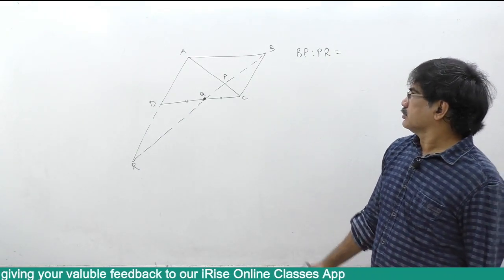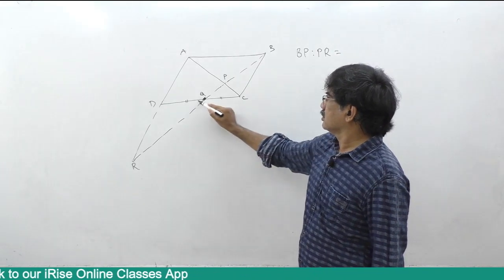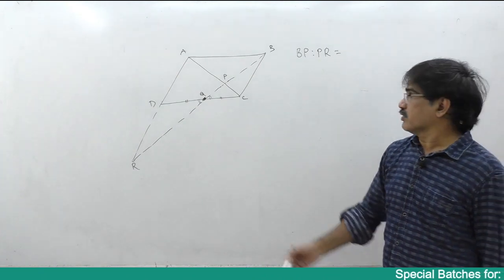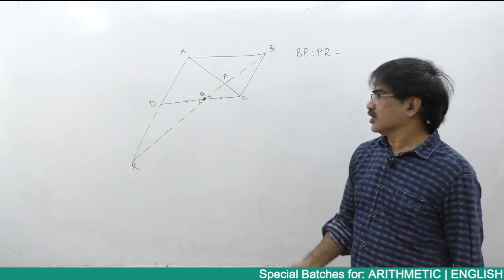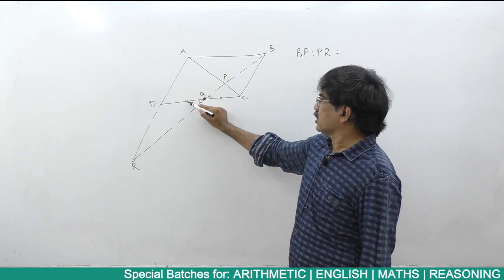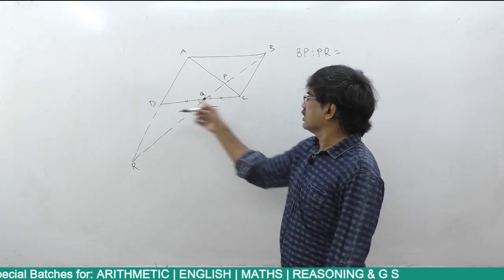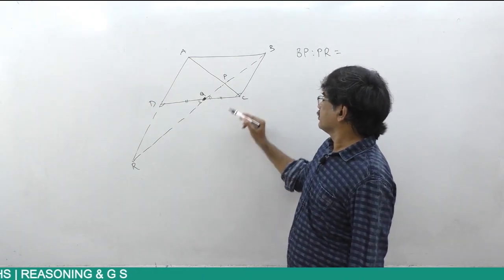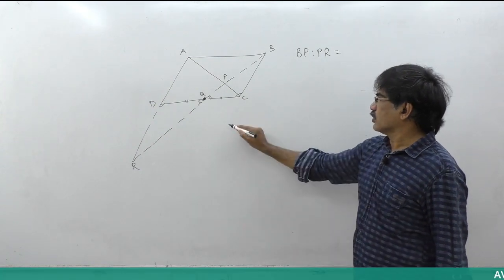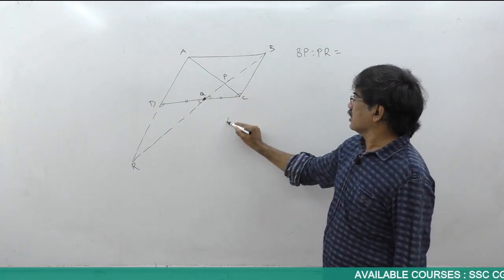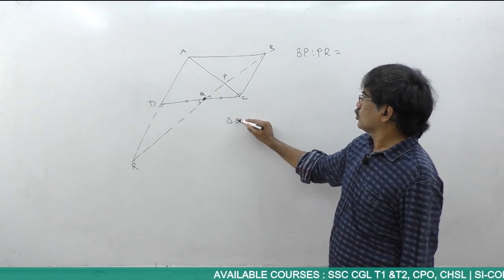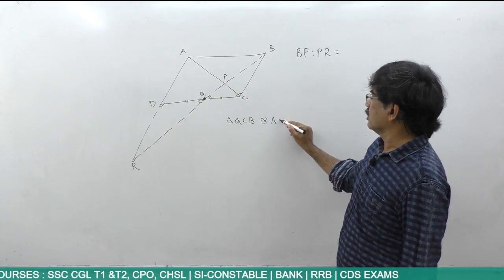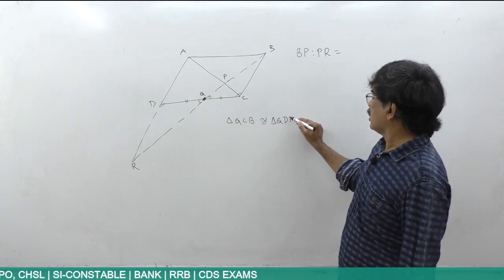See here, this angle is the same as this angle. Vertically opposite angles are equal if two lines intersect each other. And this is the midpoint, so this side is equal to this side, and these two are parallel lines. Consider this as a transversal, then this angle is the same as this angle. Therefore, triangle QCB is congruent to triangle QDR.